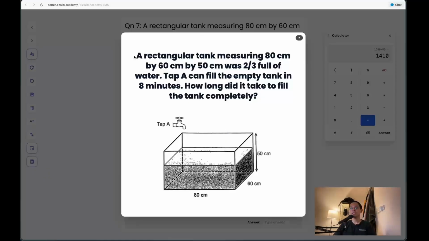Question 7. A rectangular tank measuring 80 centimeters by 60 centimeters by 50 centimeters was 2/3 full of water. Type A can fill the empty tank in 8 minutes. How long did it take to fill the tank completely?